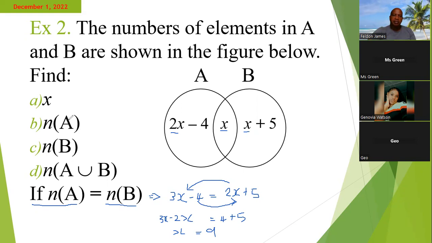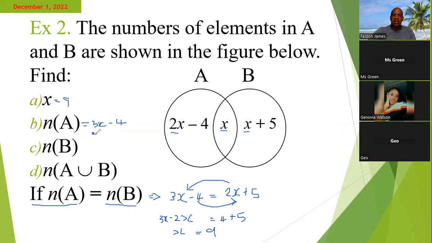All right, so knowing what x is, we could find A. How do we find A? A is 3x minus 4. But we know what x is, so we just plug in the value for x.